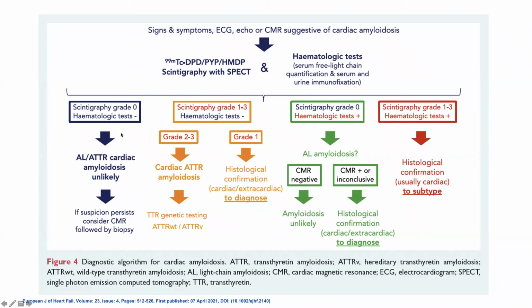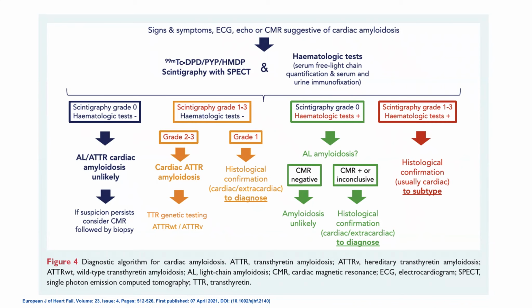Start with the first one. Scintigraphy does not show cardiac uptake and assessment for monoclonal proteins is negative. There is a very low probability of cardiac amyloidosis, and ATTR and AL amyloidosis are unlikely. An alternative diagnosis should be considered.